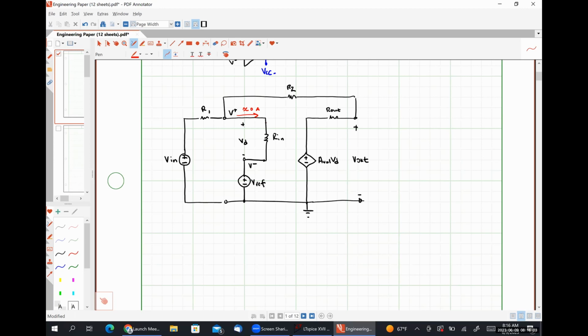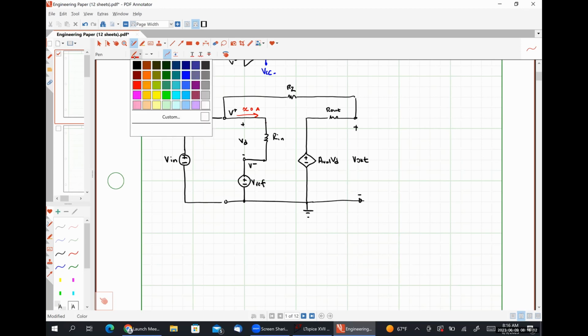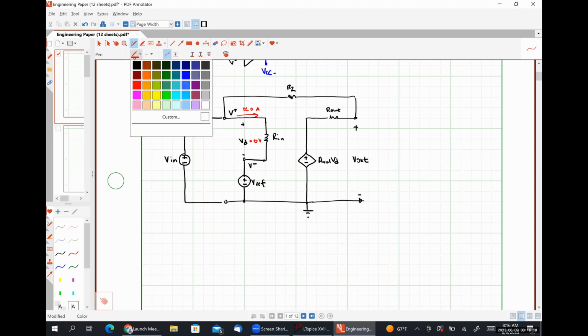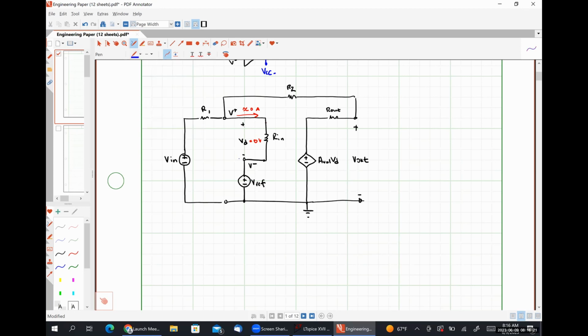So since there is no current flowing through our input resistance, that effectively means that our voltage VD here is going to be 0 volts, which in turn means that our reference voltage Vref is what's seen at the non-inverting input terminal. Okay.